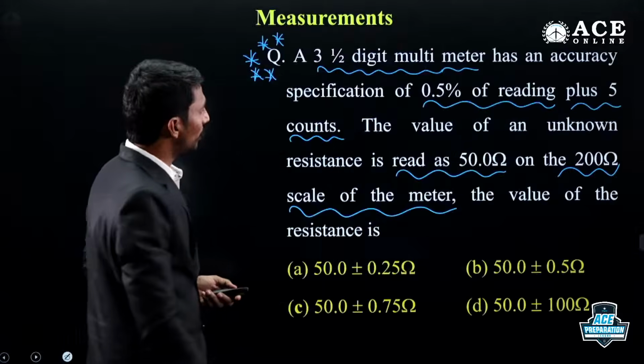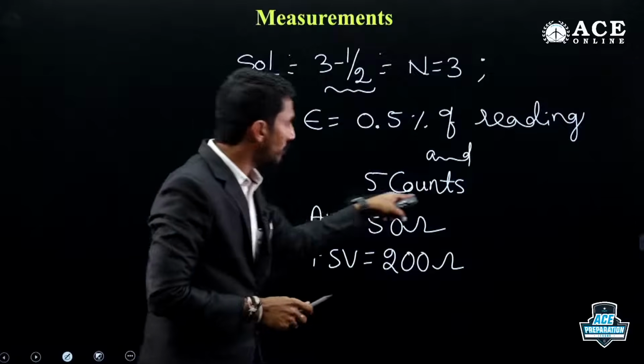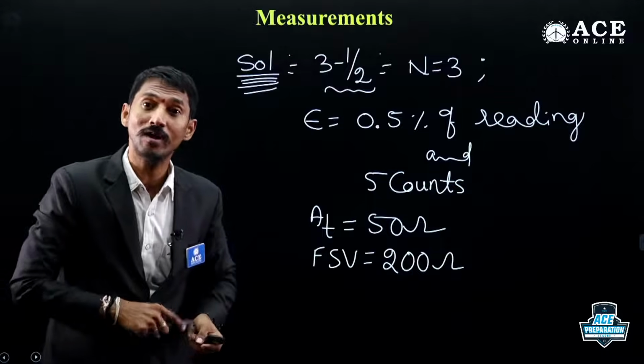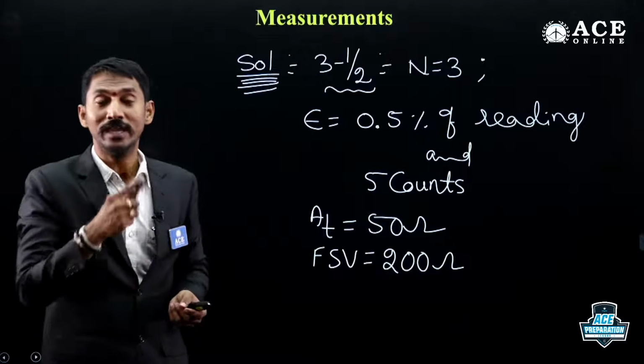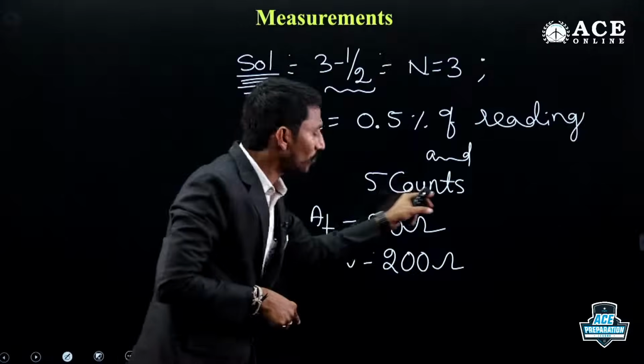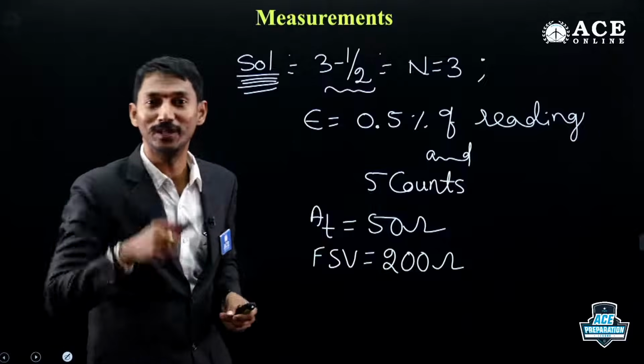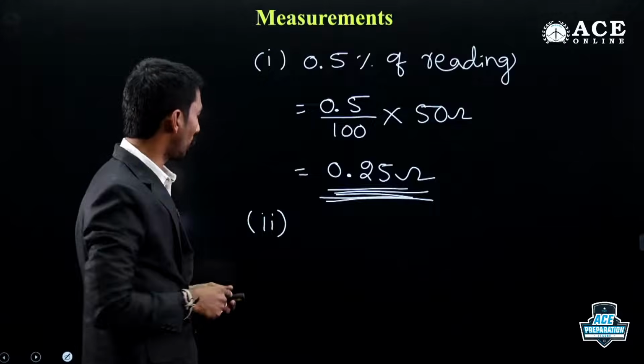Therefore, in order to get the 5 counts related error, what do we need? One count value first, multiplied by 5 counts. In order to get one count value, what do we have to do? We need to find out the resolution. Here the problem is, concentrate.